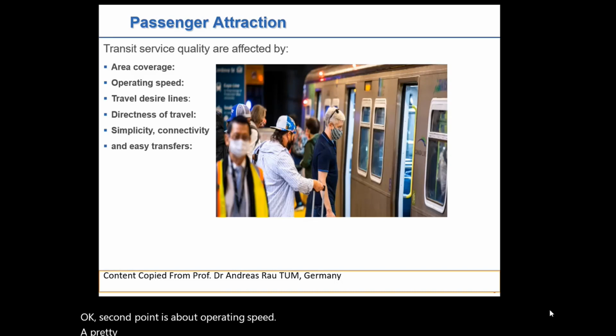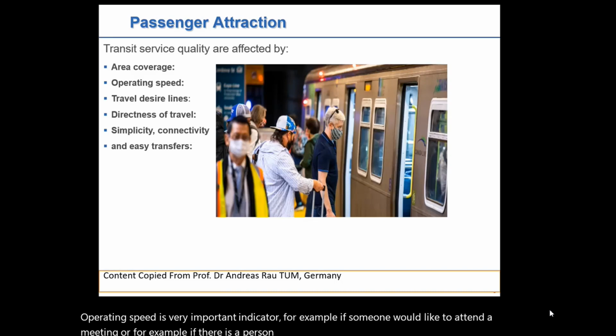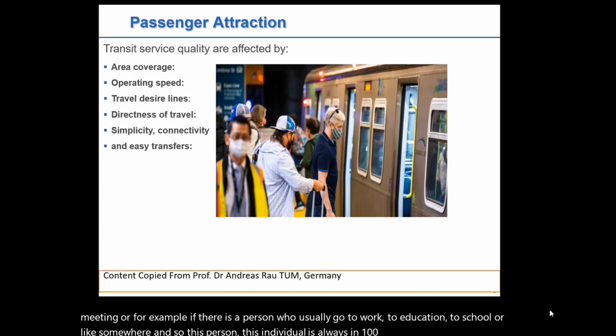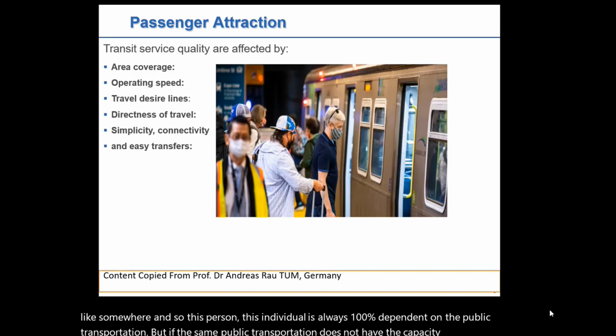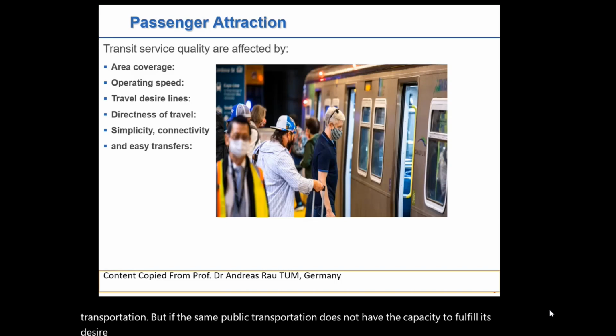The second point is about operating speed. Operating speed is a very important indicator. For example, if someone would like to attend a meeting, or a person usually goes to work, education, or school, and is 100% dependent on public transportation, but the public transportation does not have the capacity to fulfill the demand, then the individual will look for another alternative.